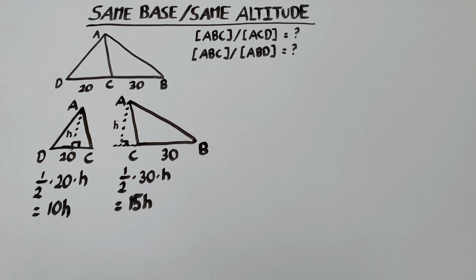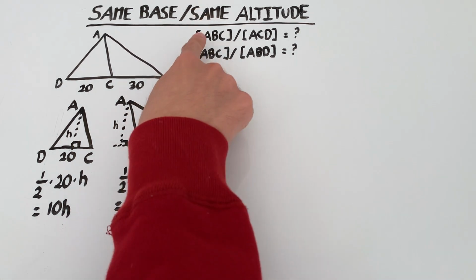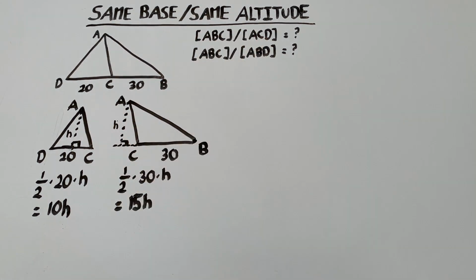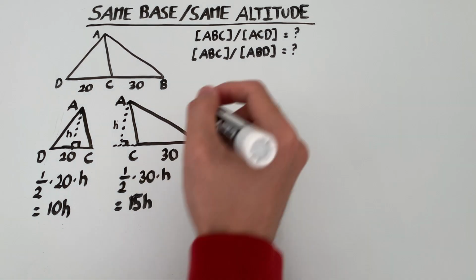And now we can find the ratio of the area of ABC to the area of ACD. The area of triangle ABC is 15h. The area of triangle ACD is 10h. So the ratio of ABC to ACD ends up being 15h over 10h, which simplifies to 3/2.